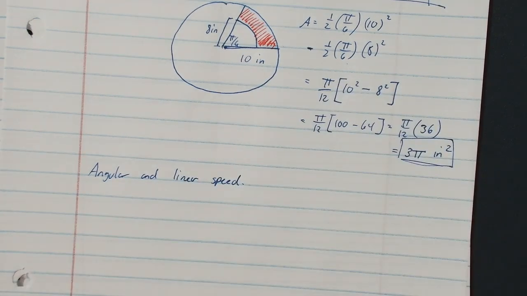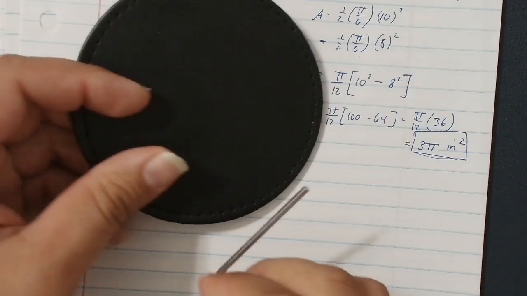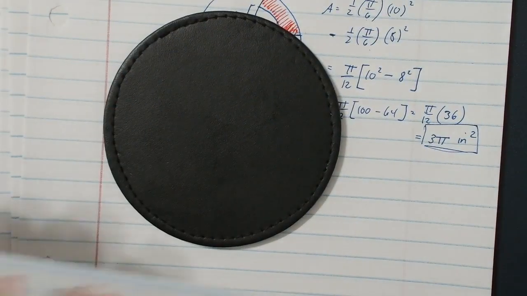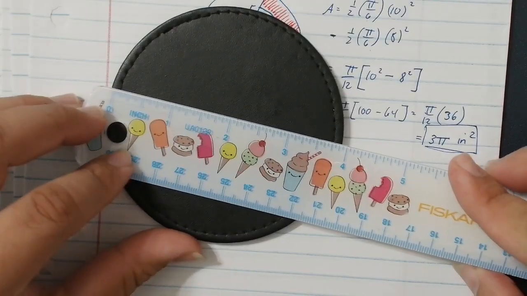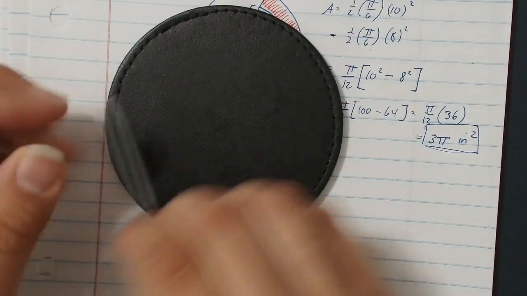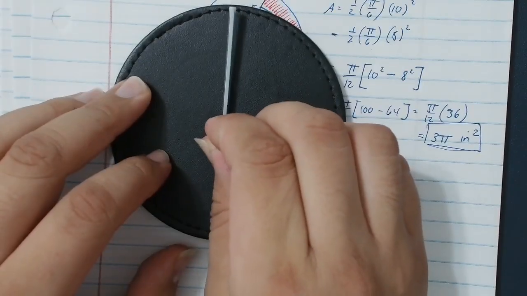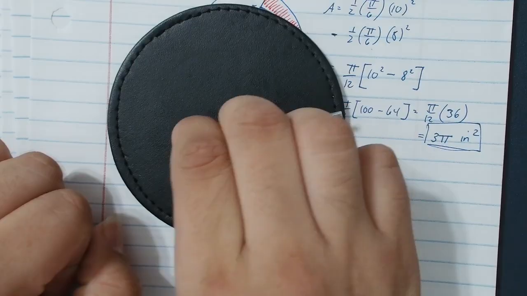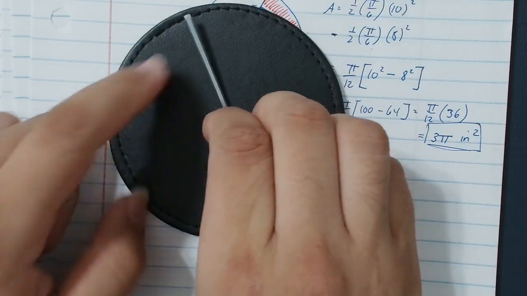Okay. Consider this setup here. Got a little circle. It's got a radius of, I have no idea, it's 2 inches. Now, if I measure out an angle by spinning around this way, and I say, how fast is that going?